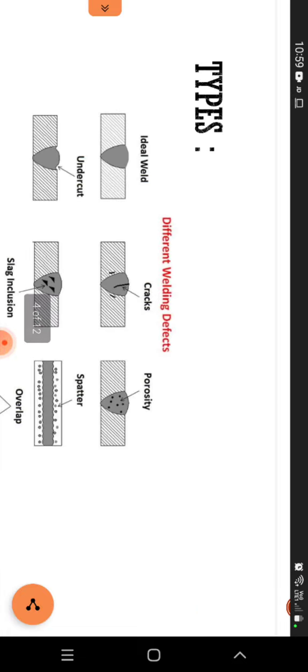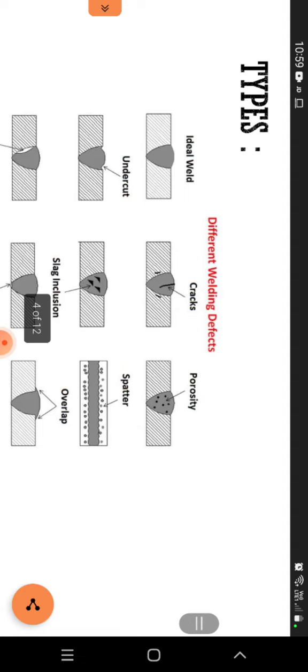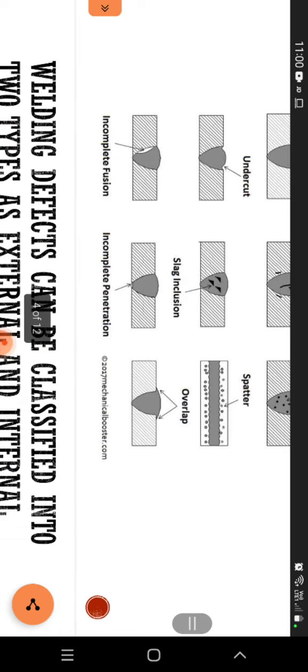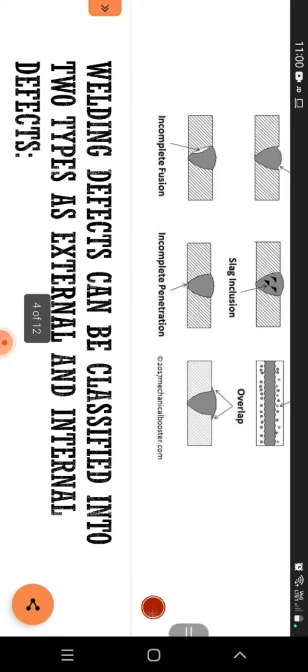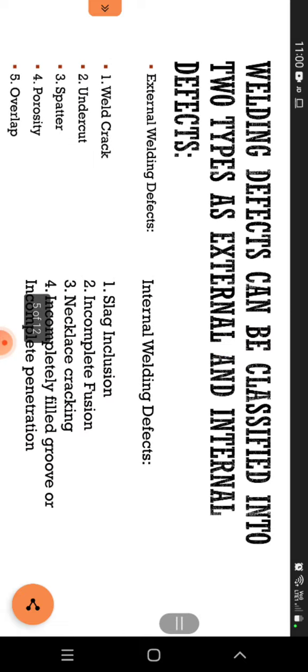Types of welding defects: incomplete weld, cracks, porosity, undercut, slag inclusion, spatter, incomplete fusion, incomplete penetration, overlap, etc. Welding defects can be classified into two types as external and internal defects.